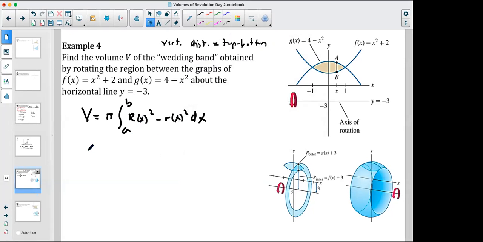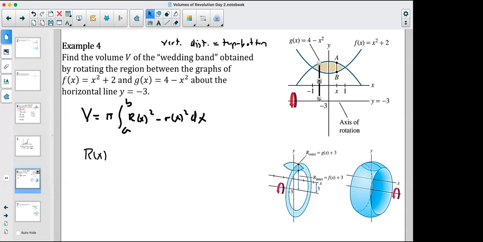So the key here is figure out a and b, then figure out big R and little r, and then plug everything in. So big R of x, looking at my picture, this is the axis of rotation down here. The outer radius is this long line here, a line that looks like that.